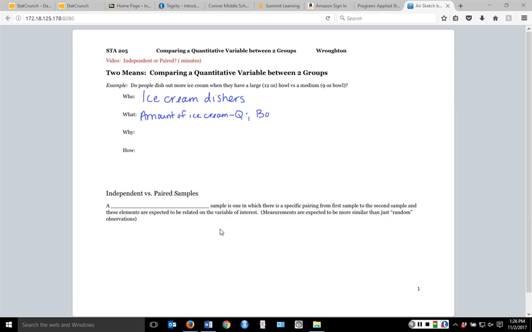And then we're also going to measure which bowl, is it the medium or the large bowl. So that's going to be a categorical variable since there's only the two options. Why are we collecting data? Well, we're trying to see if they put more in the large than they do in the medium.